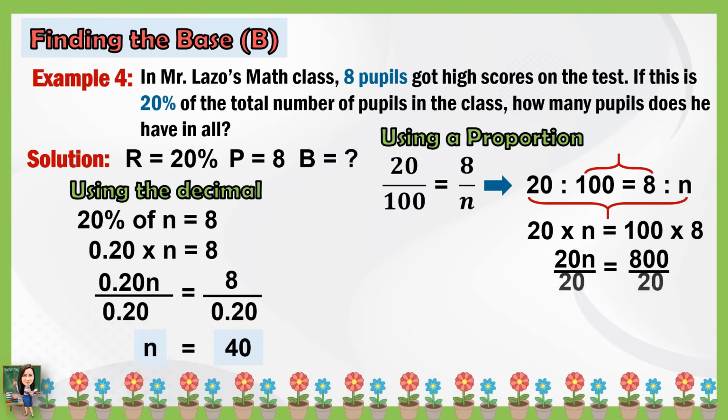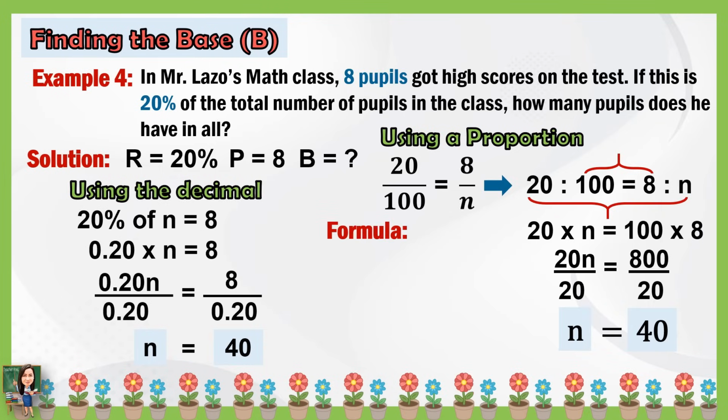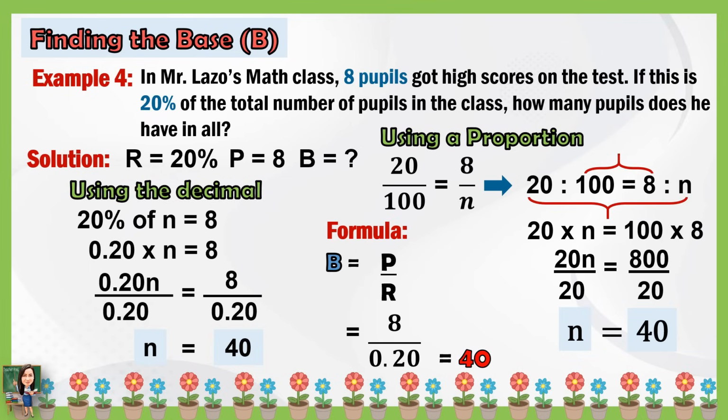Divide them both by 20. 20n divided by 20 equals n. 800 divided by 20 equals 40. So n is equal to 40. The formula for this is base equals percentage divided by rate, or 8 divided by 20 hundredths equals 40. The base is 40.